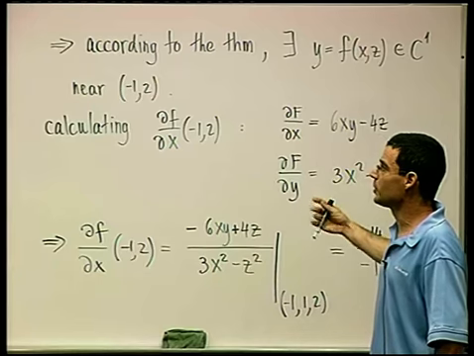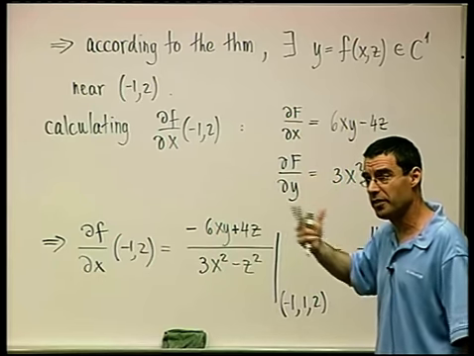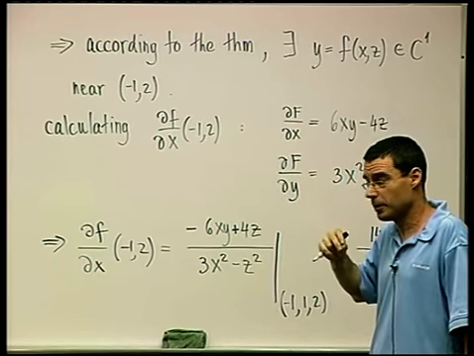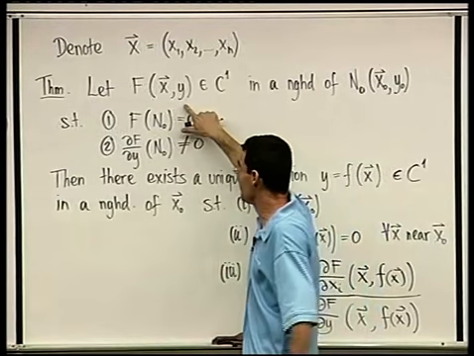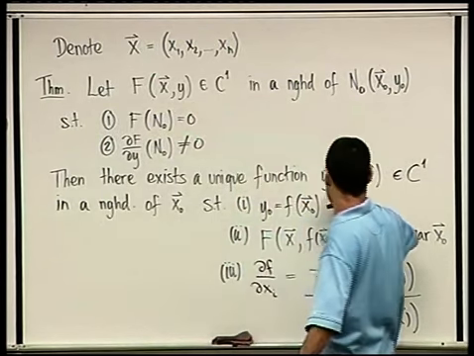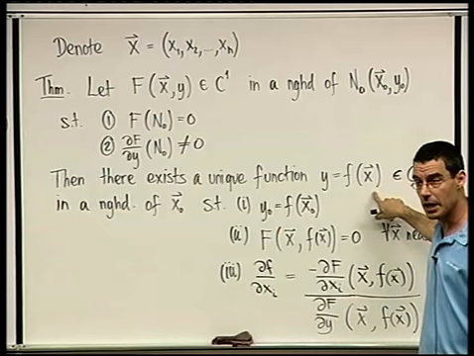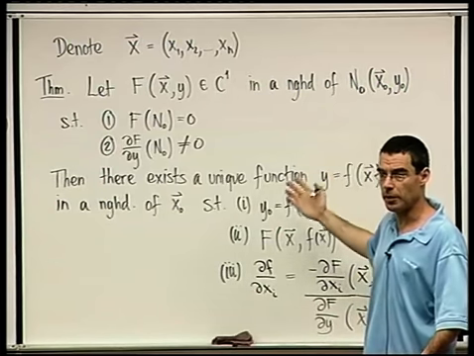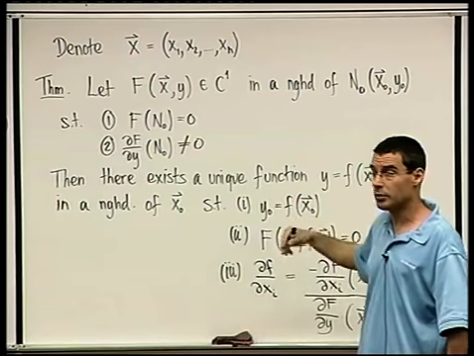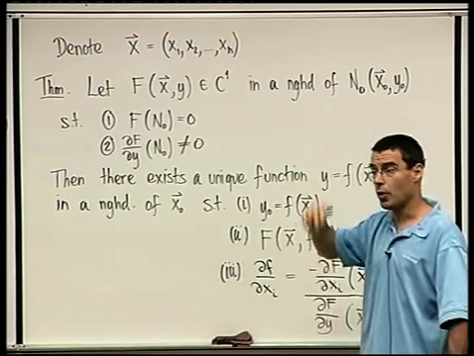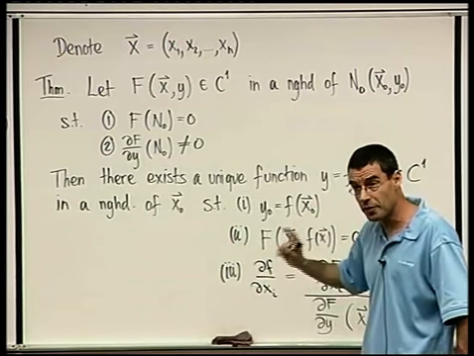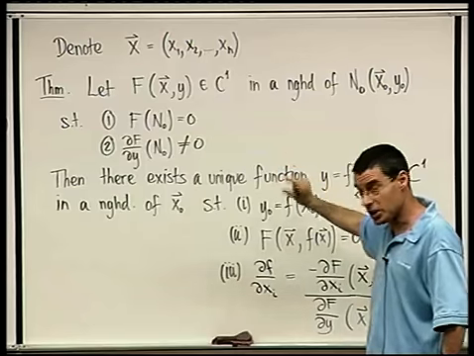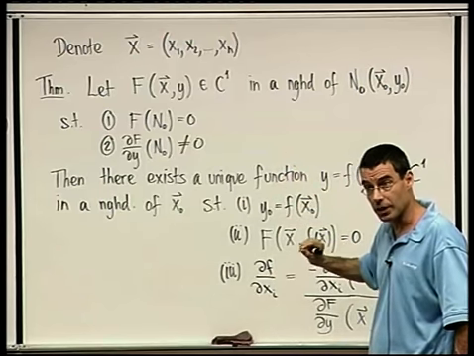The fact that I'm calling one of the variables by a special name, y, is just to clarify that this is the variable that I want to write as a function of the other variables, okay? But this is completely general. If your variables are called x, y, z, you can write z as a function of x and y, or x as a function of y and z, or any way you want it. You just have to verify that you're looking at the conditions and the results accurately, according to what you chose.